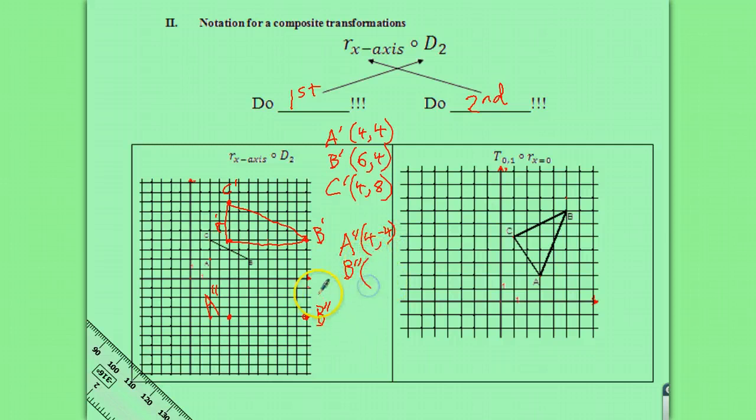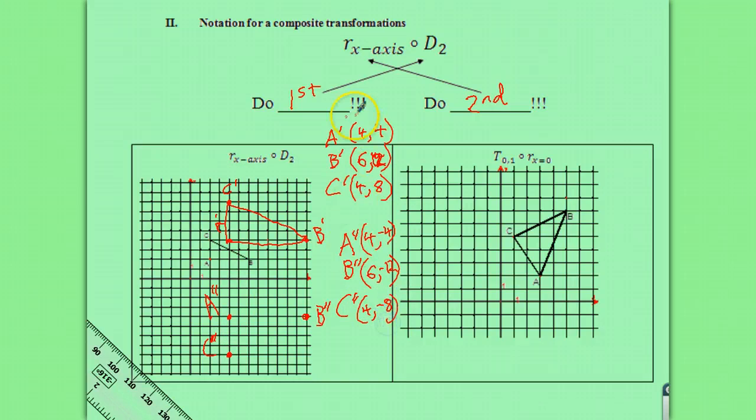And B double was 6, negative 12. And if you notice, when you reflect over the x-axis, the y values just get negated. And C double becomes 4, negative 8.